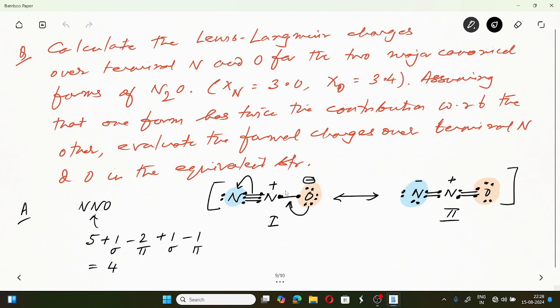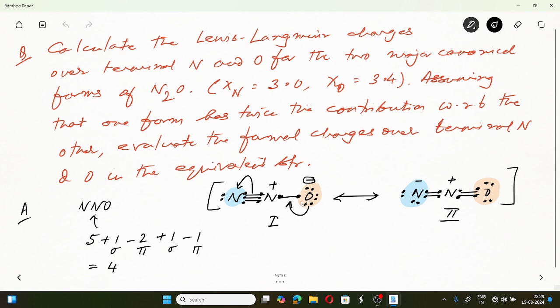The number of covalent bonds is the same, so we have to check which is the more electronegative atom, oxygen.